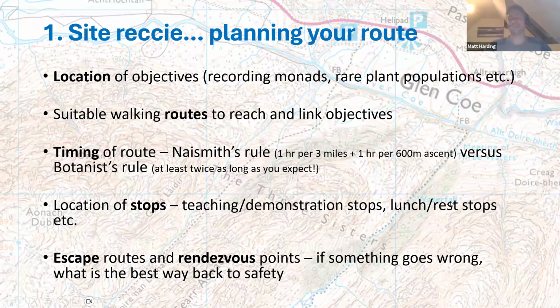You will be on the worst ground, etc., etc., etc. But if you've already had a think about the way to get your group out of that place, the safest route back, the fastest route back, whatever it might be, if your group is split, a timed rendezvous point to meet up again, for example, so that if you meet people and they're not there, you know to call them and head off anything. It's probably they've just spent too long looking at Carex, whatever it might be, but you never know. So as you're going around, it's worth thinking, what do we do if something happens that isn't great?